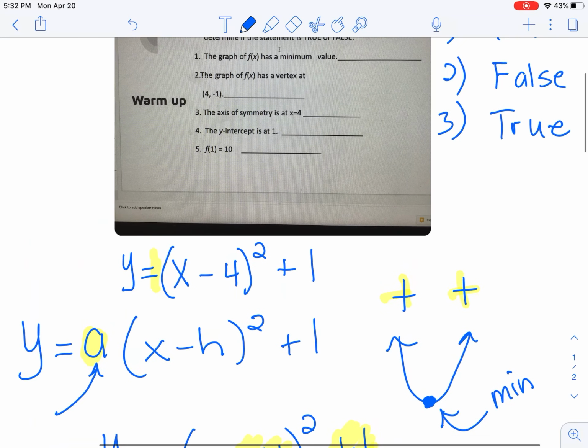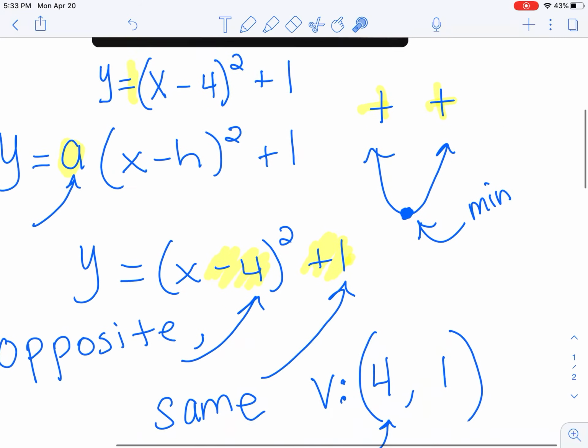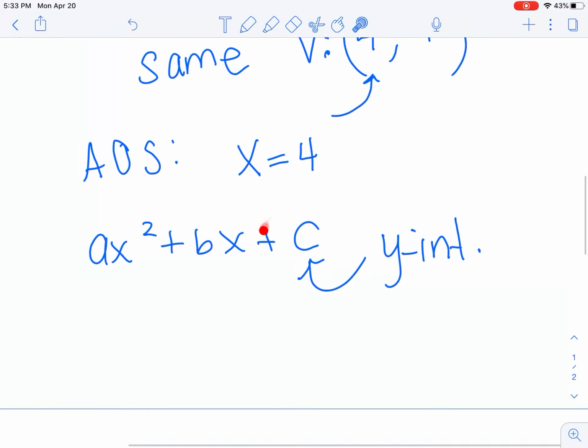In the original equation, they're trying to trick you and make you think that the 1 is your y-intercept. The reason this is not the y-intercept is because this equation is in vertex form. It is not in standard form.